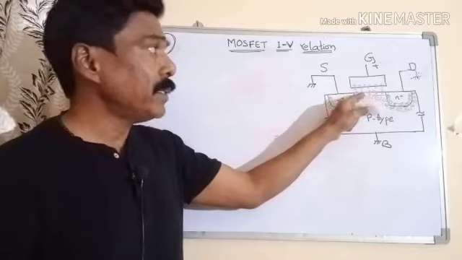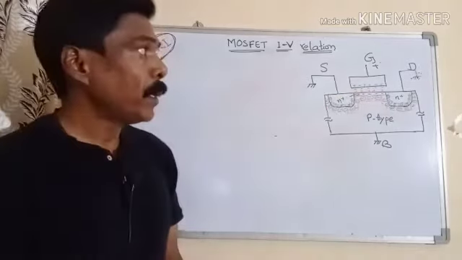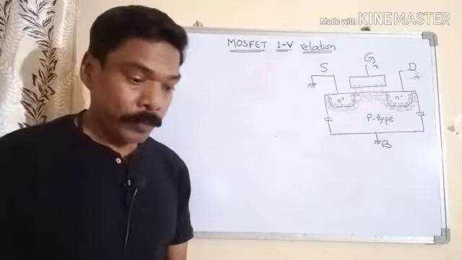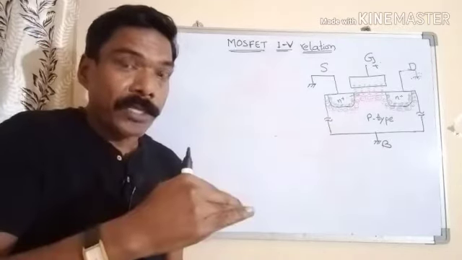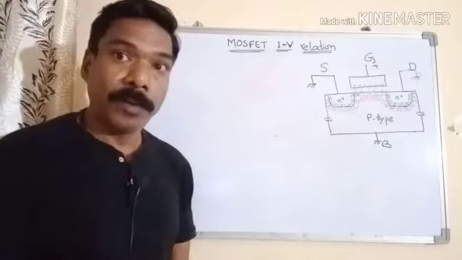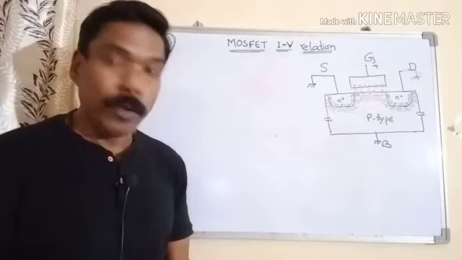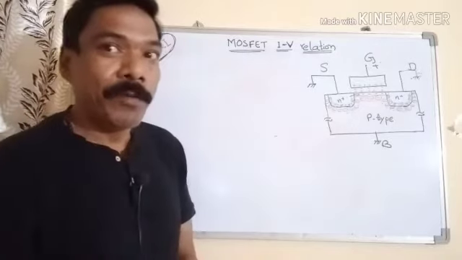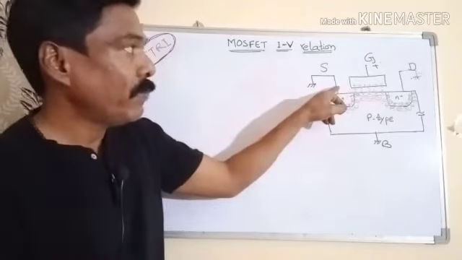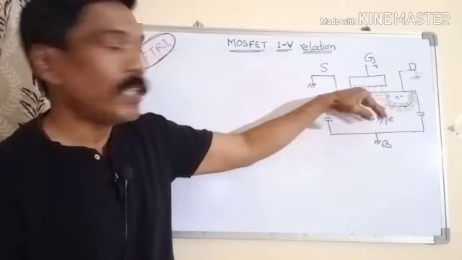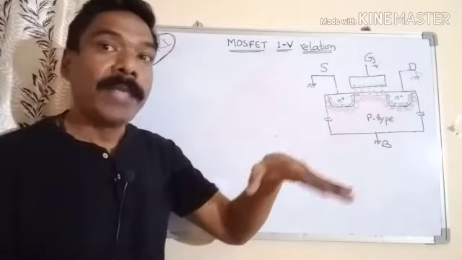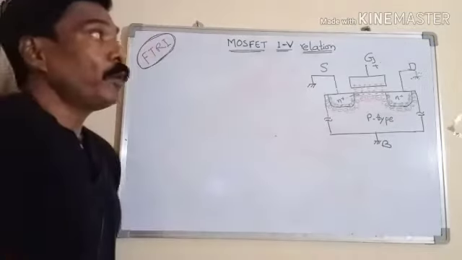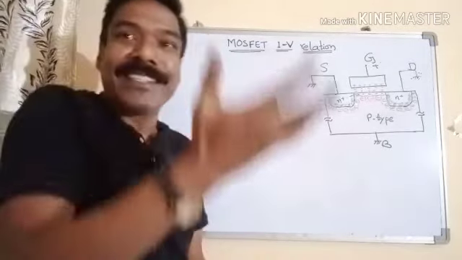When the carriers increase and we go to strong inversion, the minimum gate voltage that is required to make the surface potential twice that of the background potential is called the threshold voltage. Threshold voltage is nothing but the gate to source voltage which is required to make the surface potential twice that of the background potential. After that, whatever voltage you apply will further increase the charge carriers anyway.